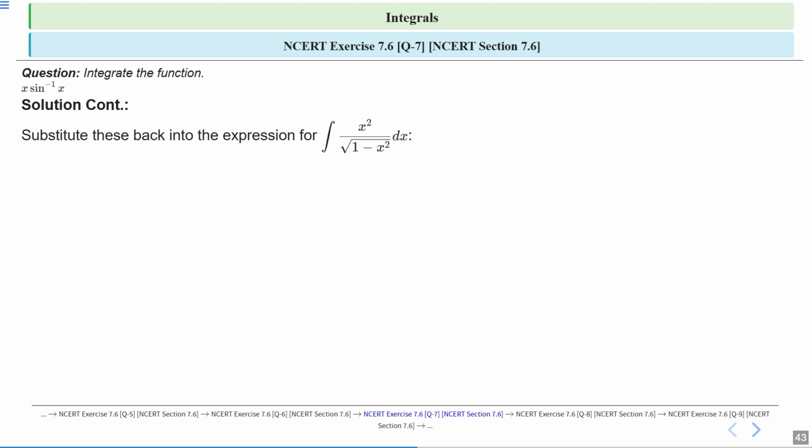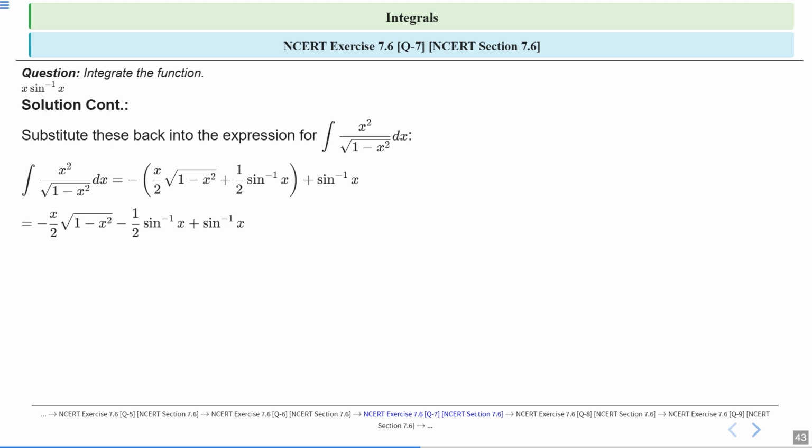Substitute this back into the expression for the integration of x square root under 1 minus x square dx, that is minus x by 2 root under 1 minus x square plus 1 by 2 sine inverse x plus sine inverse x. So it becomes minus x by 2 root under 1 minus x square minus 1 by 2 sine inverse x plus sine inverse x.